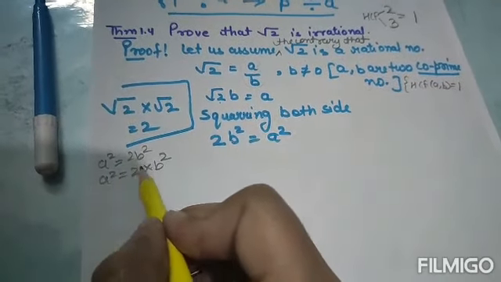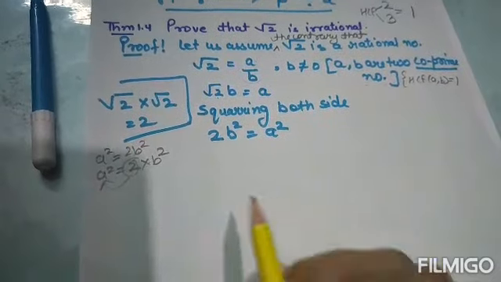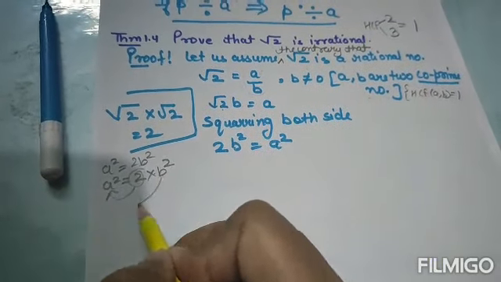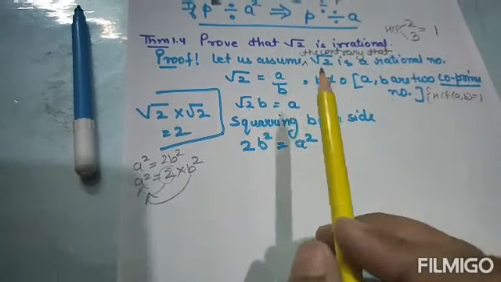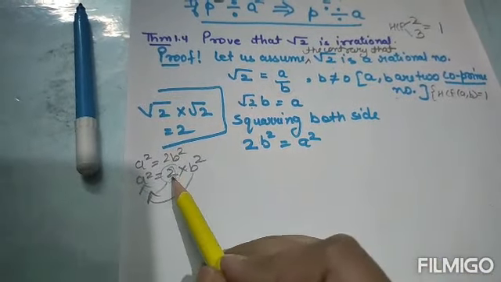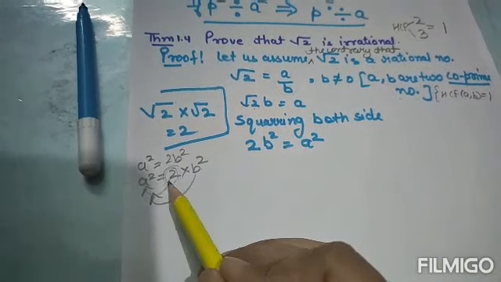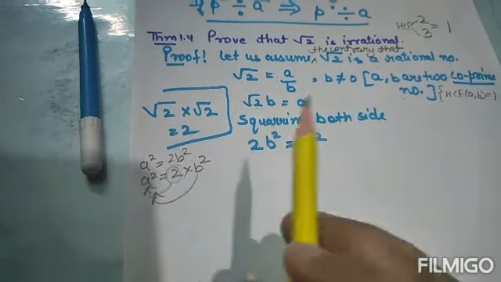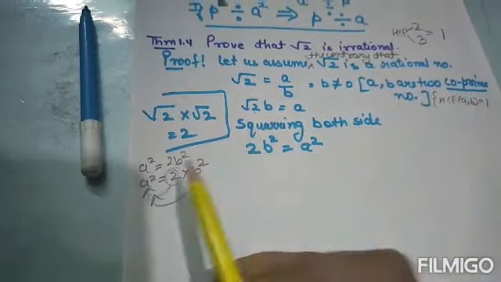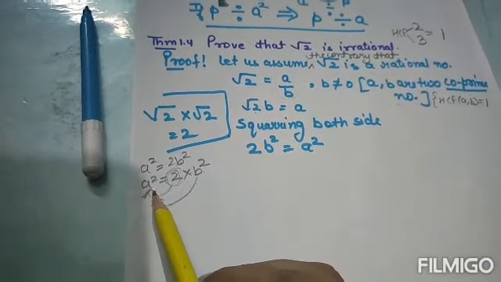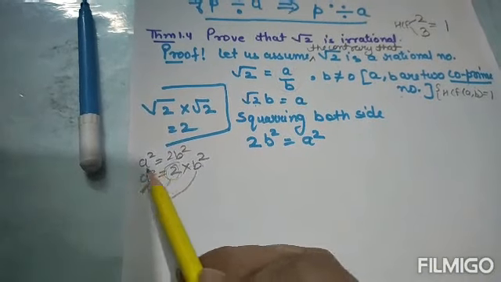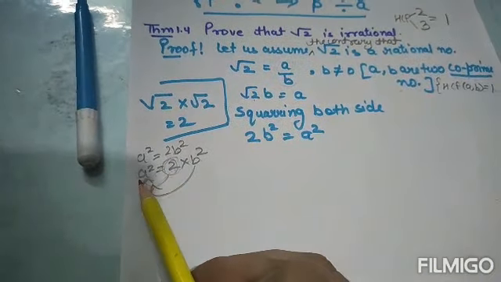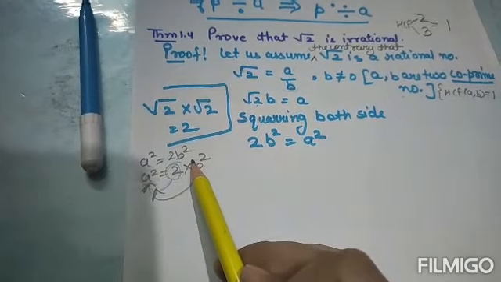That means this 2 is also dividing a square and this b square is also dividing a square. अभी जो हमने इससे पहले थ्योरम्स पढ़ी थी, हमने यही पढ़ा था कि अगर ये इसके फैक्टर्स हैं तो ये इसको डिवाइड करते हैं. हमें ये पता है कि किसी भी नंबर के फैक्टर्स उस नंबर को डिवाइड जरूर करते हैं. तो दैट मीन्स a स्क्वायर इज डिविजिबल बाय 2 ऑल्सो, a स्क्वायर इज डिविजिबल बाय b स्क्वायर ऑल्सो.